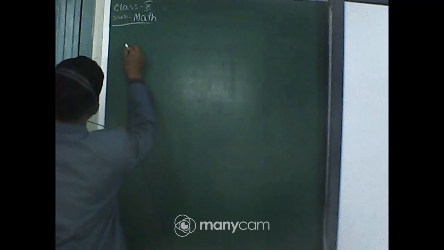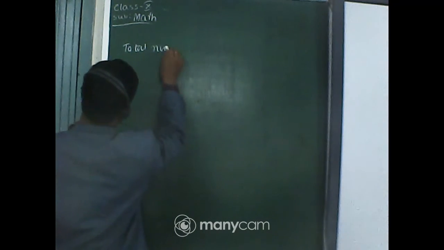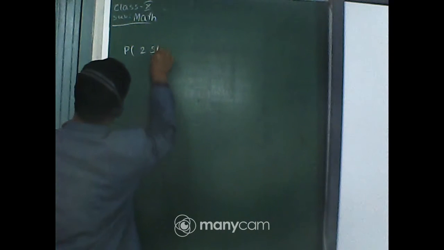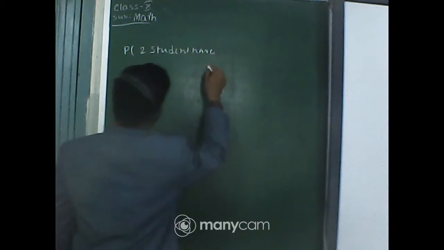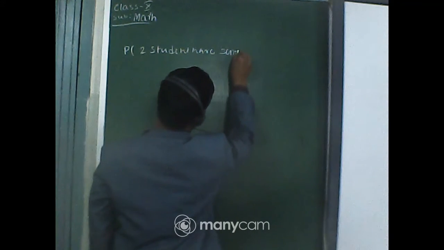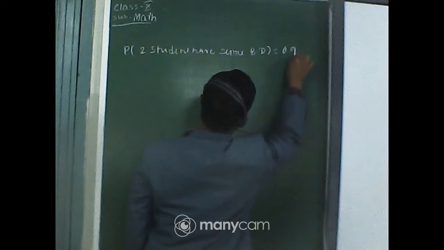Yes. Okay. So look, it is given that the total number of students, no need to write this one, it's irrelevant. Look, it is given that probability of 2 students having the same birthday is equal to 0.992.